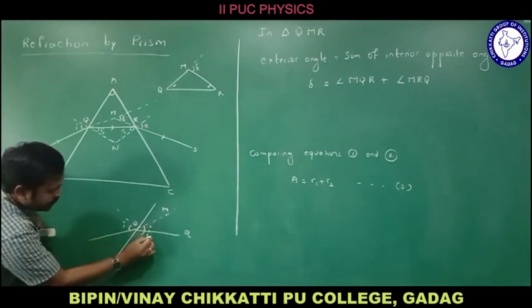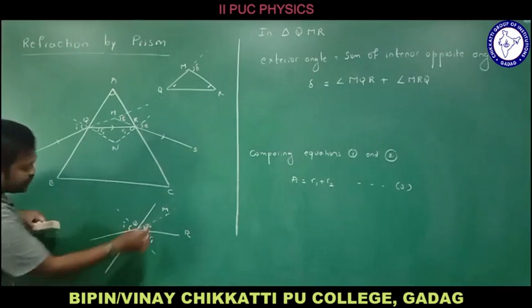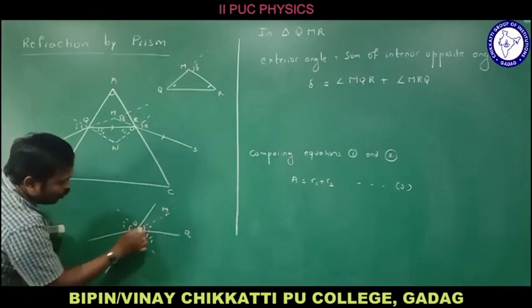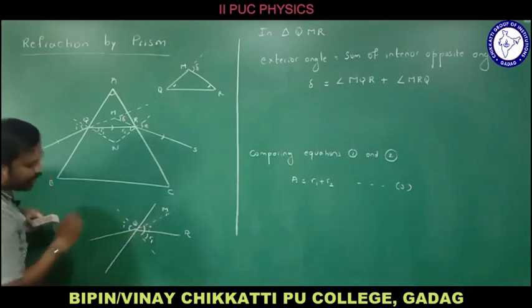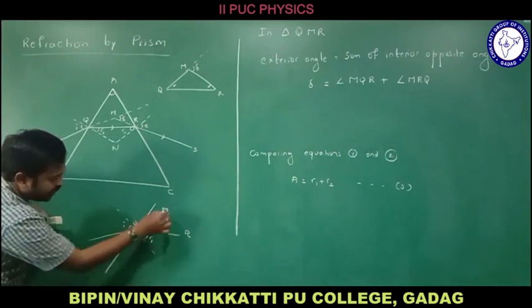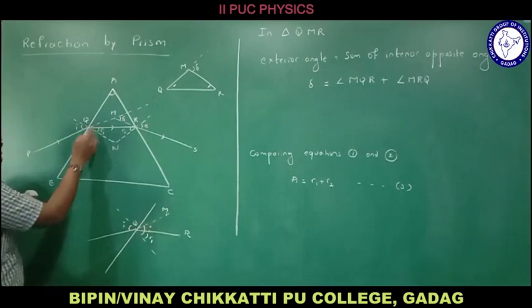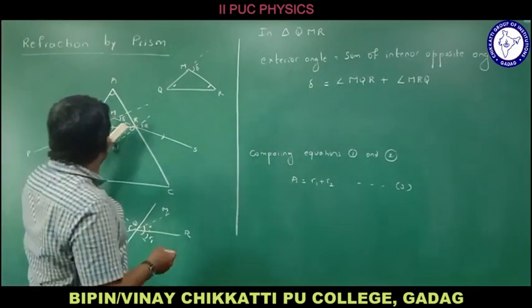So what is MQR? MQR is i minus r1. If I take i minus r1, I will get MQR.